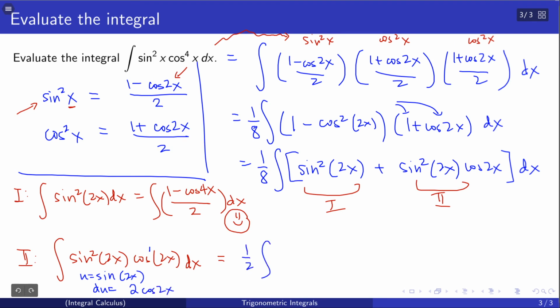So I need a 2, and I need to divide by 2. So 2 cos 2x, divide by 2. And I'm going to end up with 1/2 u squared du. Again, really simple to evaluate now. And just combine this, and you get your final answer to this integral.